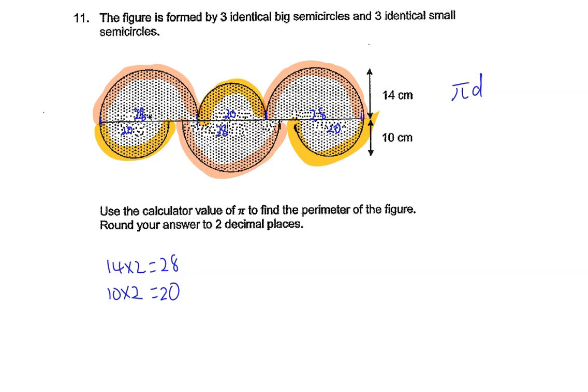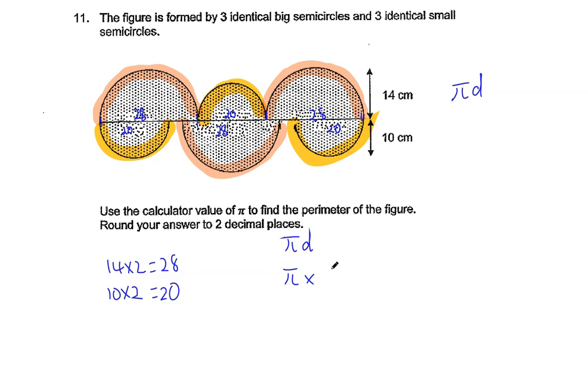Alright, with this information, now we can go on to find the circumference or the perimeter of these 3 large semicircles. Let's find the perimeter of one semicircle. It will be pi d, and we take pi as it is, times d.